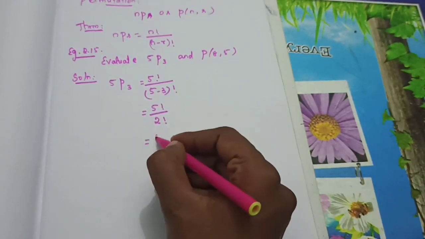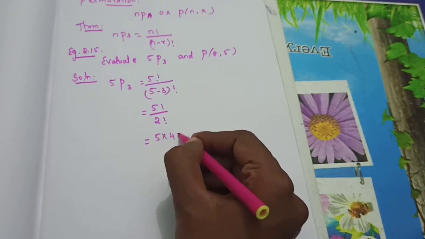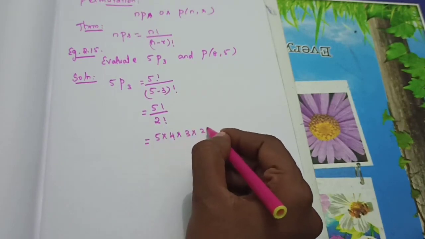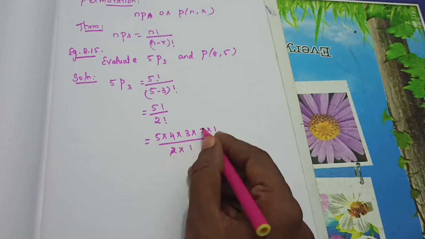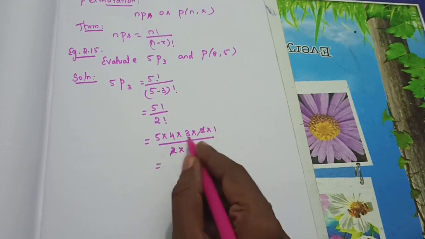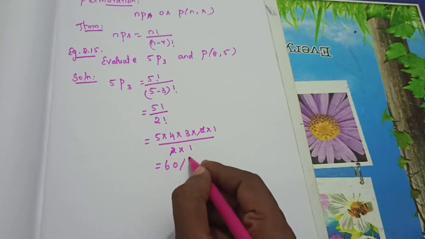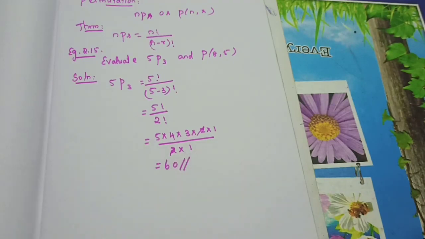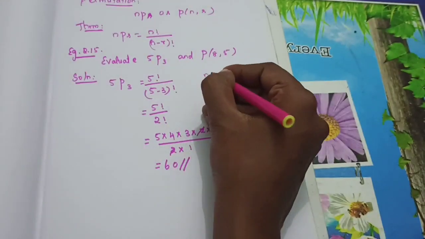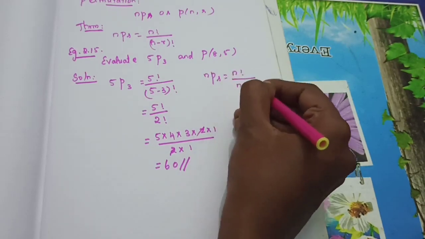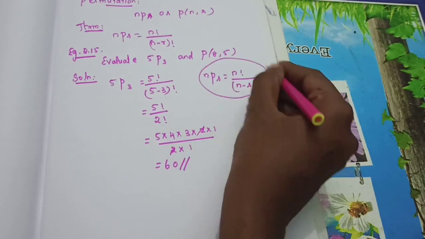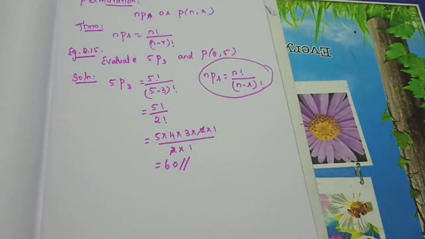How will you write 5 factorial? 5 into 4 into 3 into 2 into 1 divided by 2 into 1. This and this will get cancelled. So what's the balance? 20 into 3, 60. The answer is 60. Have you got it? If you need, you can write it on the side: nPr equals n factorial divided by (n minus r) whole factorial. This is the formula we will use.